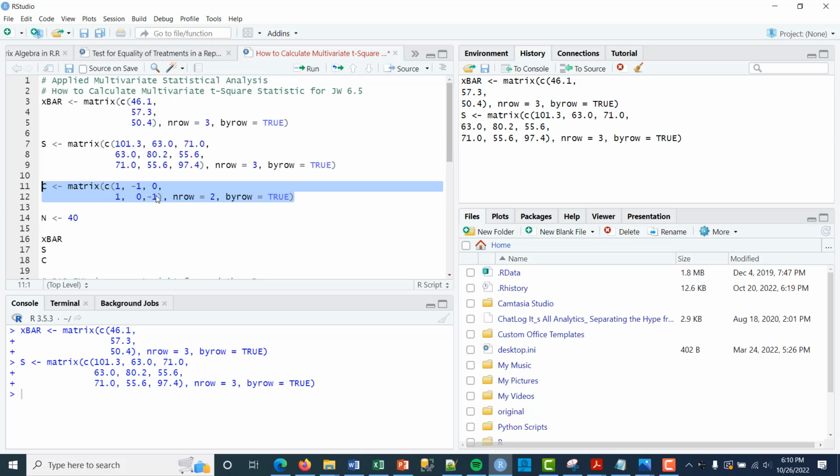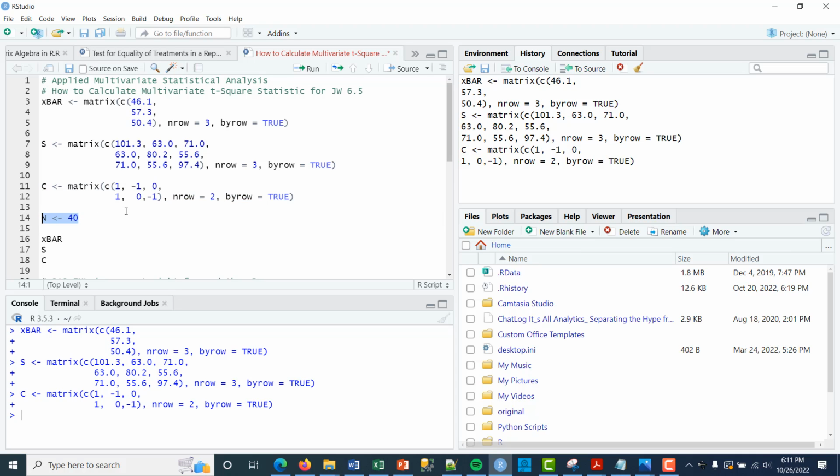I'm going to construct this contrast or coefficient matrix. It's going to be a 2 by 3, where I'm going to contrast the different rows here, and then that's that. And then I'm going to replicate.